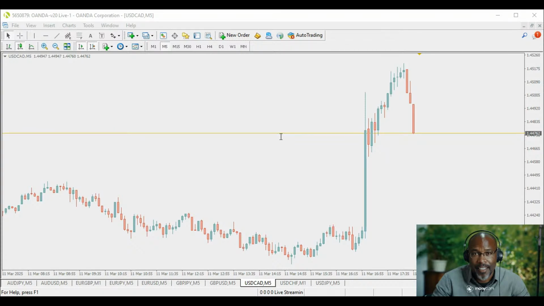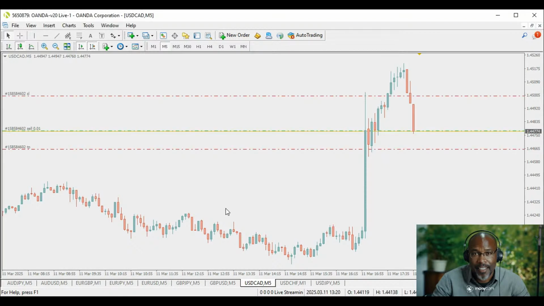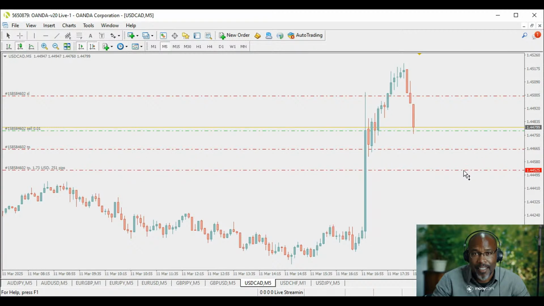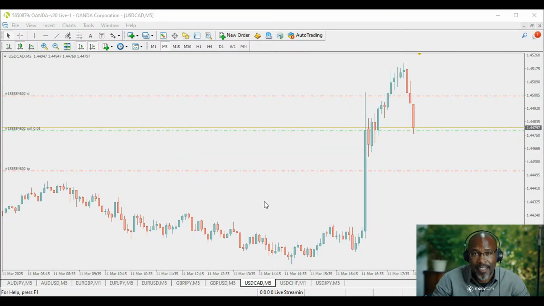This is the US dollar, Canadian dollar. Obviously, this pair is bullish.